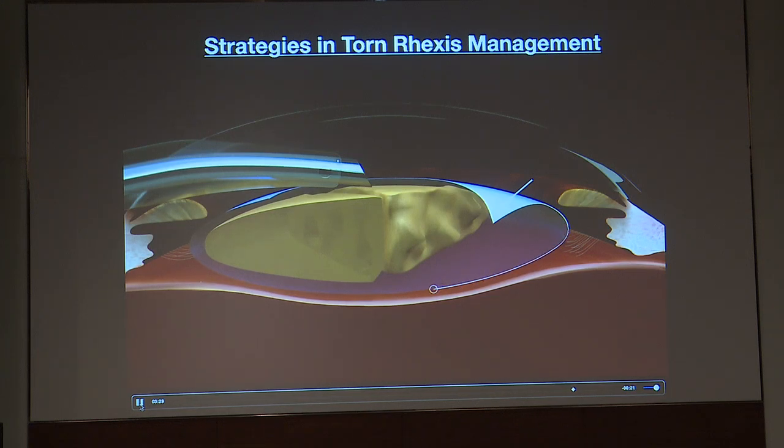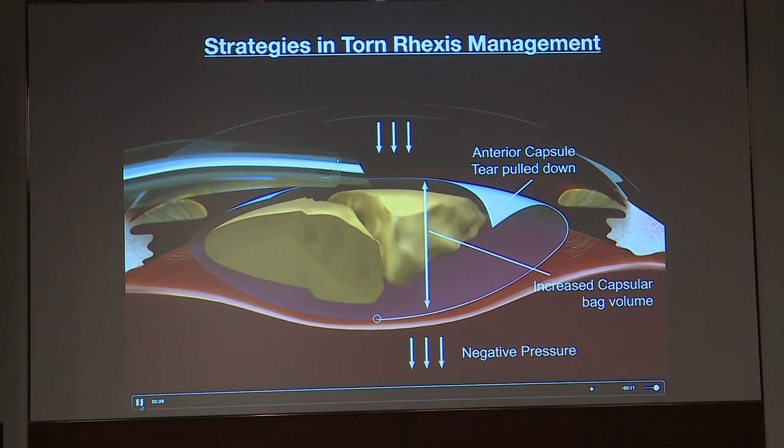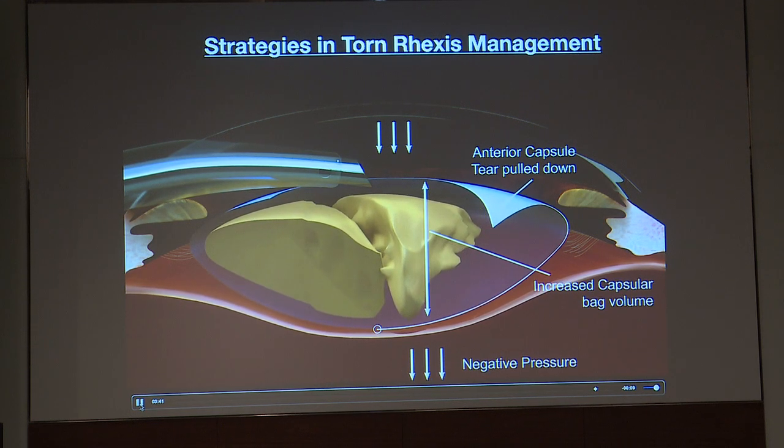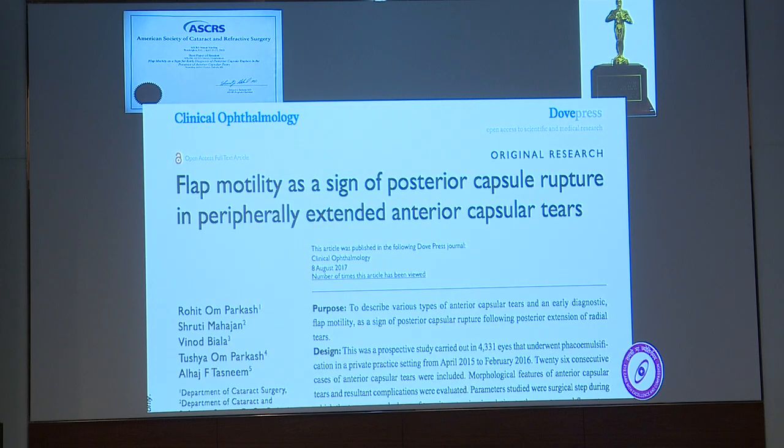The pulling down is because of the combination of the higher pressure of the anterior segment, increased capsular bag volume, and the negative pressure of the posterior segment that pulls down the bag complex and makes the flap lie flat and eventually become inverted and non-responsive to fluid. So this is a published sign now, the flap motility sign of posterior capsular rupture and peripherally extended anterior capsular tear.